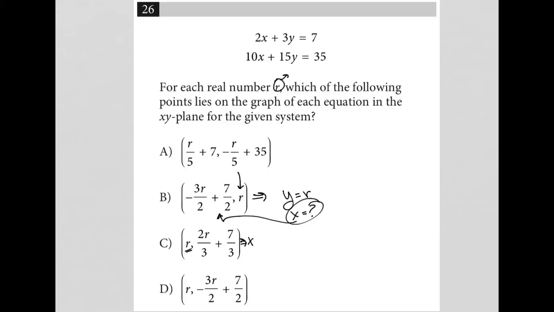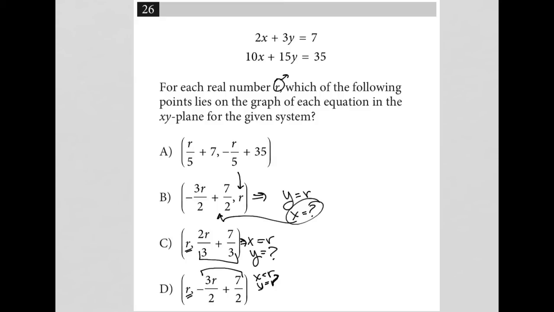We have r in the x position. So if x equals r, then all we'd be trying to figure out is what does y equal? And if y equaled what is provided here in the y position of the ordered pair, then that would be the correct answer.